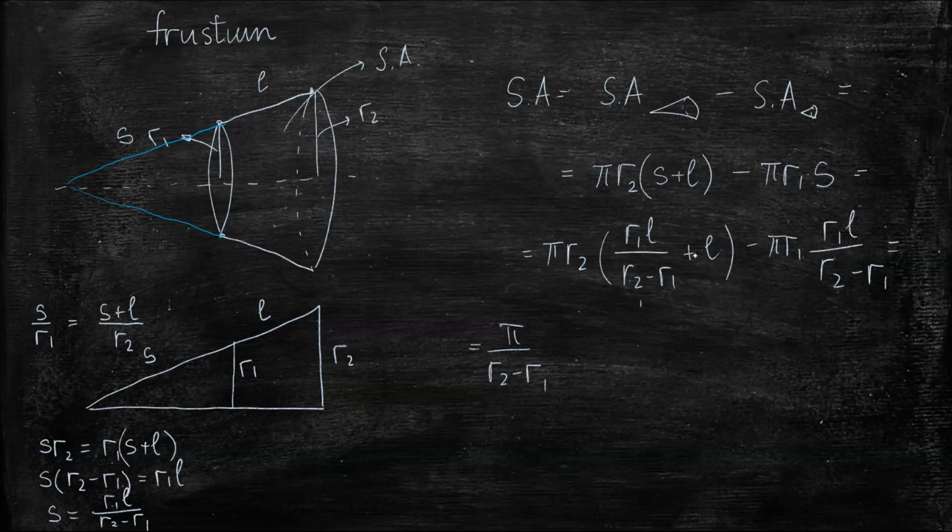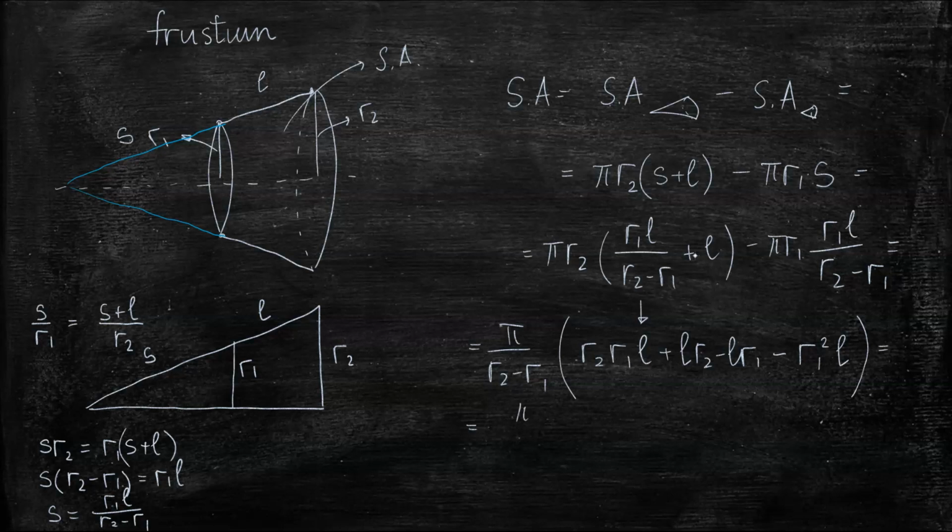So what's left of the first part of the expression is R2 R1 L plus L R2 minus L R1, and what's left of the second expression is minus R1 squared L. So it looks like we can do some simplification here.